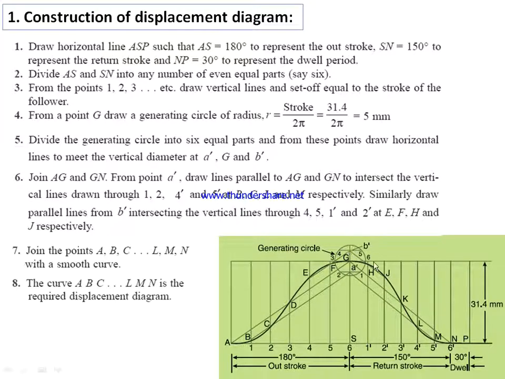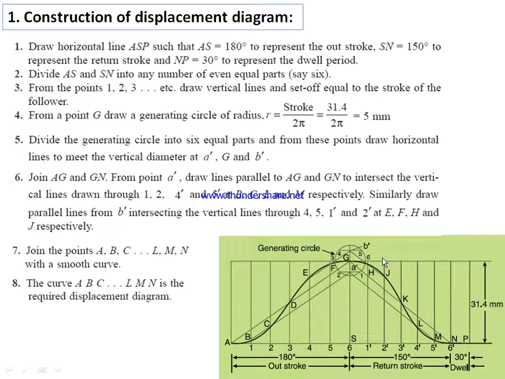And this will contain points 1 and 2, and this will contain points 4 and 5, intersecting at L and M. Now join all these points by a smooth curve, and you will get the displacement of the follower from the lowest position to the highest position and return position again to the lowest position. And for the 30 degrees period of cam rotation, it remains stationary.